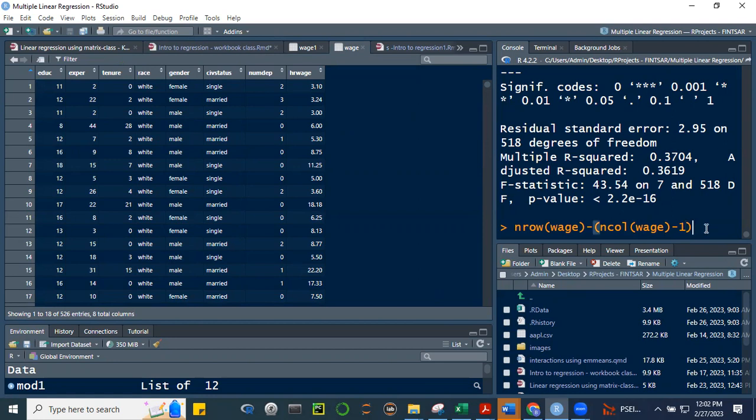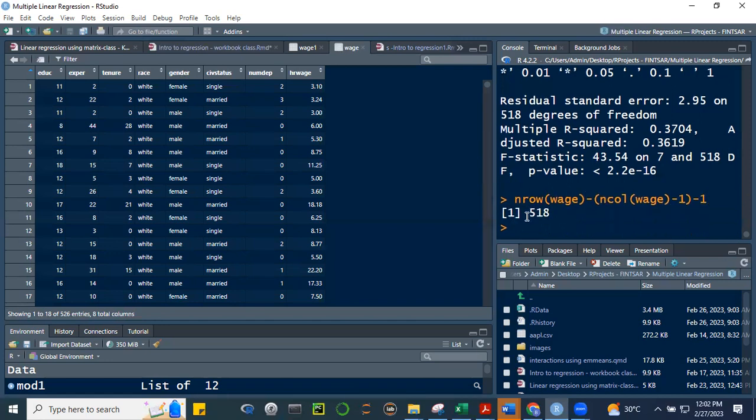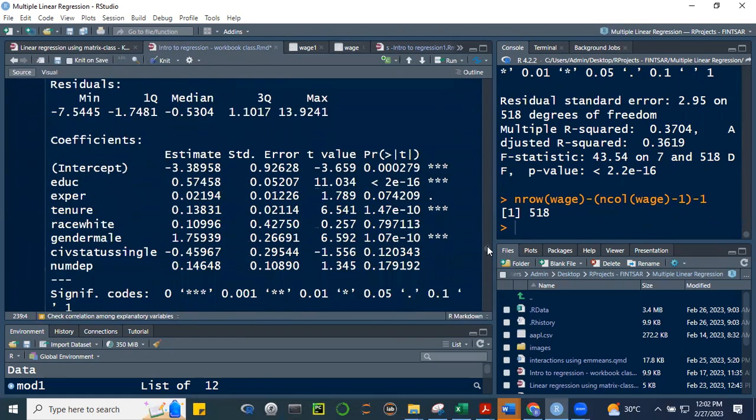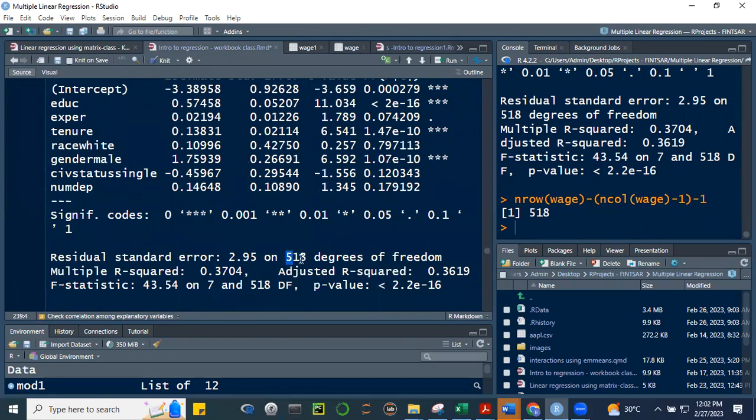So that will be your K. So this is N minus K and then minus 1. Ito yung K natin, pinasok ko dun sa loob ng function na to. Kasi may negative tayo dito kaya ingat lang. So this should be 518. 518 degree of freedom 2, which you can see here, ito, 518 degrees of freedom.